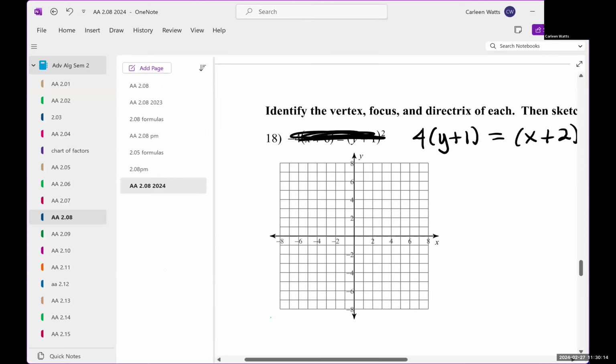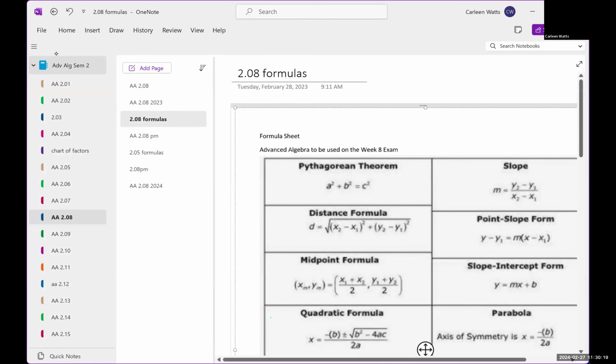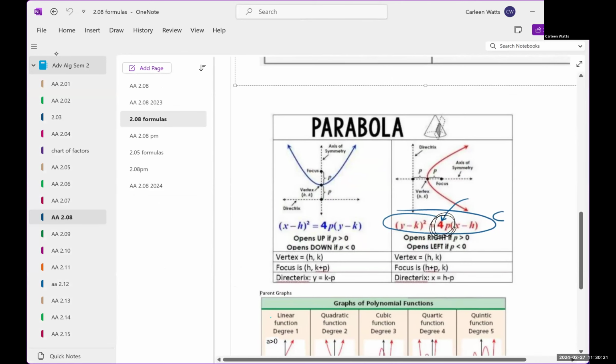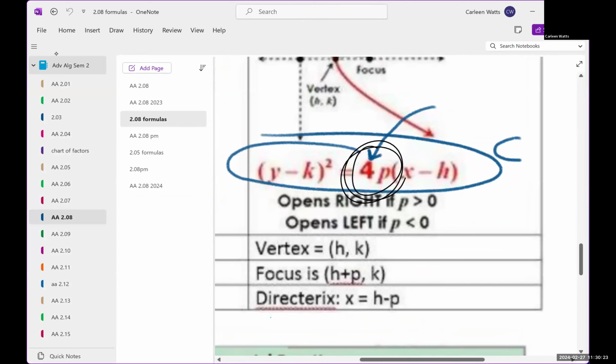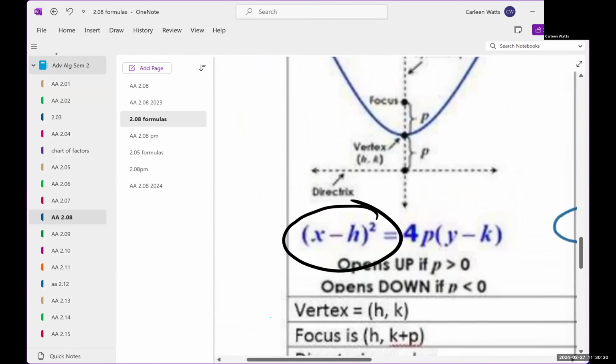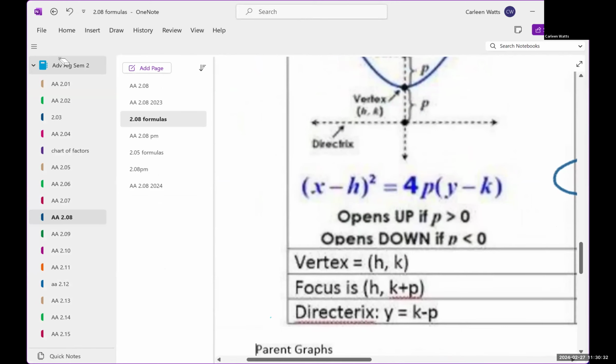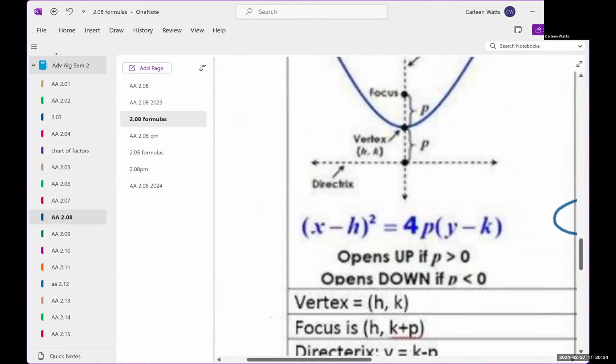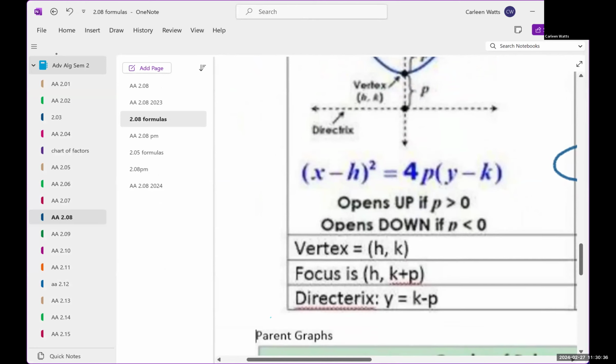Okay, now let's see if I can get to the formulas. How do you use these formulas? Notice x squared is going to be up or down, and we're going to decide in just a sec. That 4 is in the formula. Okay, so the 4 is over here with the y.